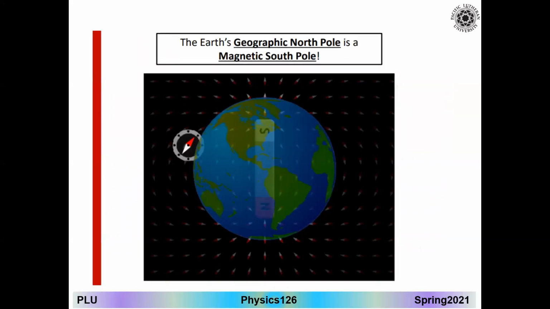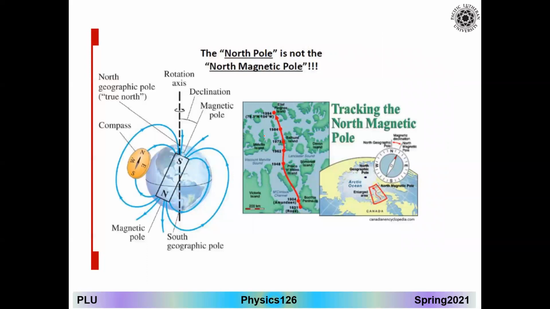So here is the reality. We can deal with the Earth as well, which can be considered as a big magnetic field going from the north to the south. You have a big magnetic field representation for that. Here is the North Pole.